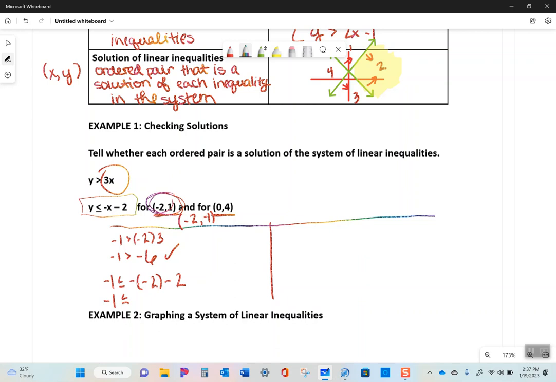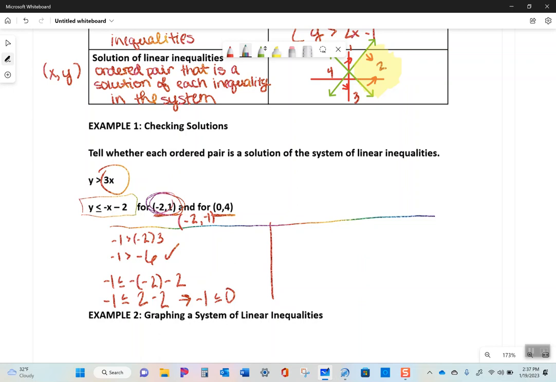Because a negative times a negative is a positive. Okay, so that's how we got the +2 minus 2. And then this simplifies to -1 is less than or equal to 0.